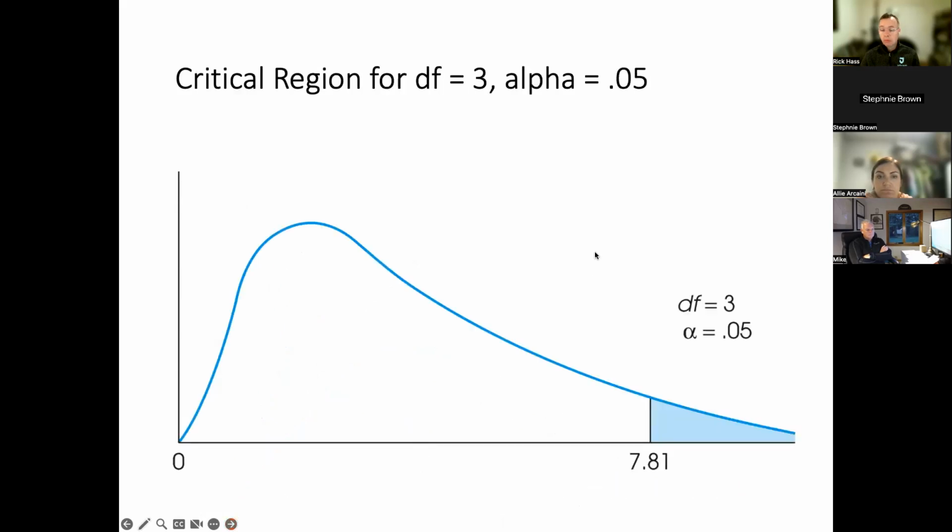So for example, if we were doing a chi-square test with degrees of freedom of 3, and we were testing at alpha 0.05, our chi-square test statistic would have to be at least 7.81. If it was 7.81 on the dot, our p-value would be 0.05 on the dot. As it gets larger, p is going to drop: 0.04, 0.03, 0.02, all the way out.